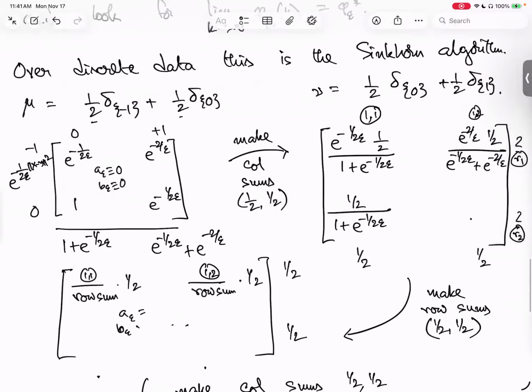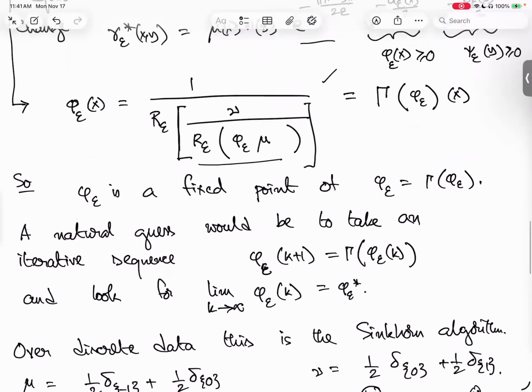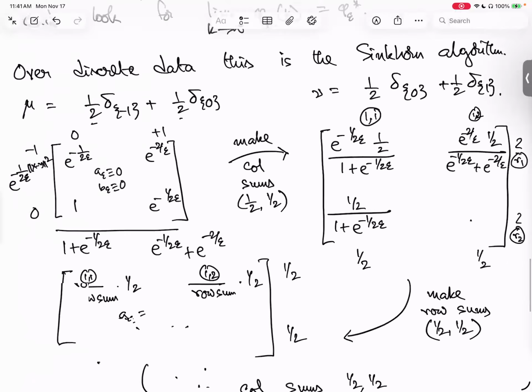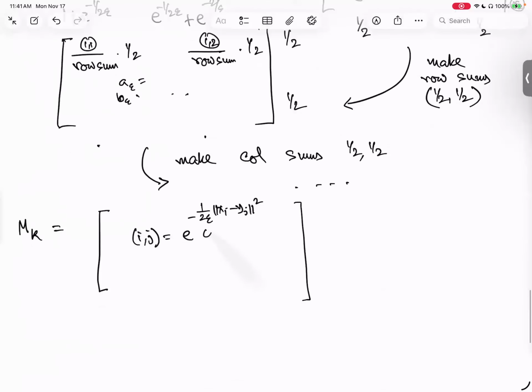And then according to my notation that I've written here, let's say that these are phi epsilon k of xi and psi epsilon k of yj.